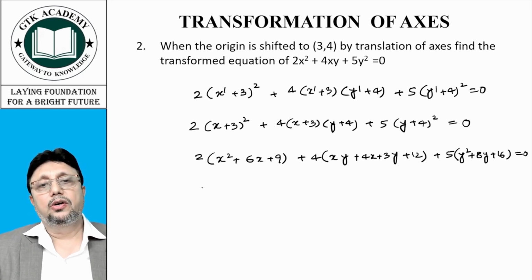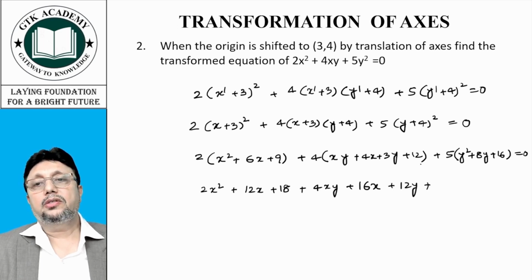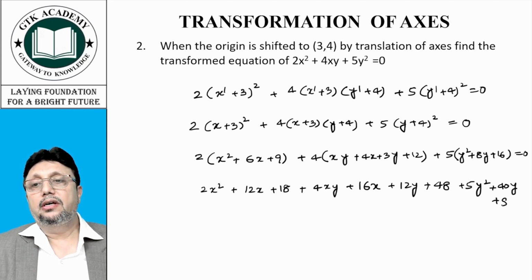Now solve this equation. 2x square plus 12x plus 18 plus 4xy plus 16x plus 12y plus 48, 4 12s are 48, plus 5y square plus 5 8s are 40y plus 16 into 5, which is equal to 80.